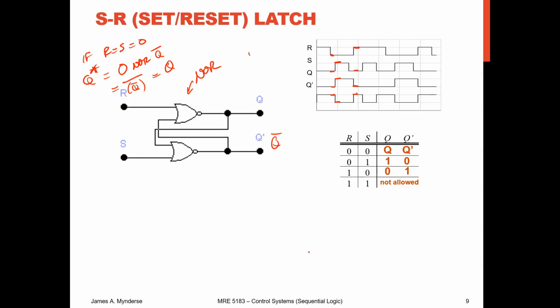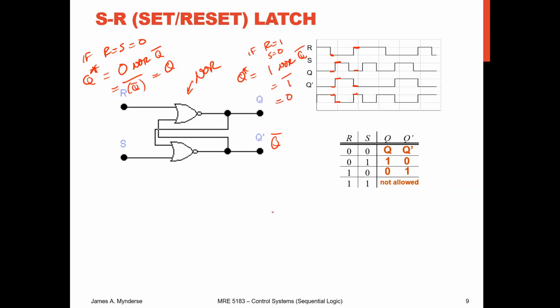And same sort of thing, if R was 1 and S was 0, we'd say that Q star is going to be 1 NORed with not Q, which is going to be a not of 1, which is going to be 0.